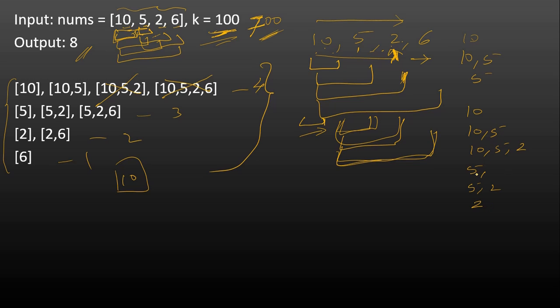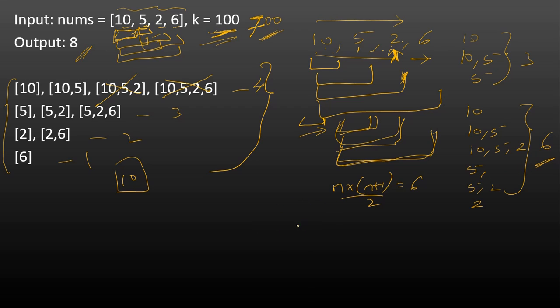So 1 2 3 4 5 6, so there will be 6. If you see the pattern here, for one digit it is 1, for 2 digits there are 3 numbers that we can have, for 3 digits there are 6 numbers that we can have. So the pattern is similar to n into n plus 1 by 2. So if my n is 3, so 3 into 4 will be 12, 12 by 2 is 6. So that is what we are getting here.